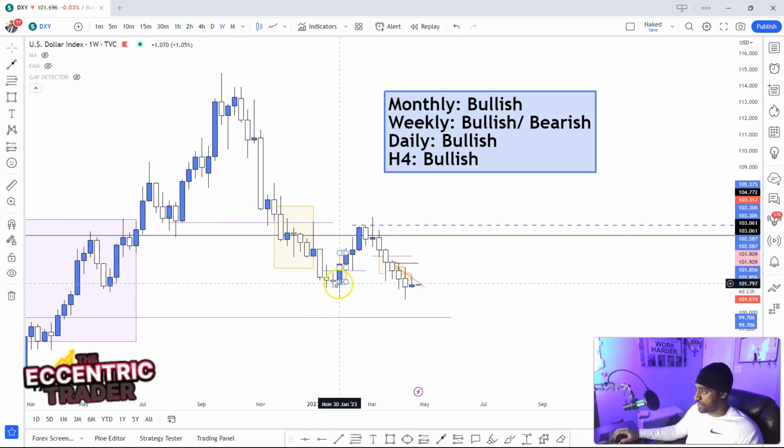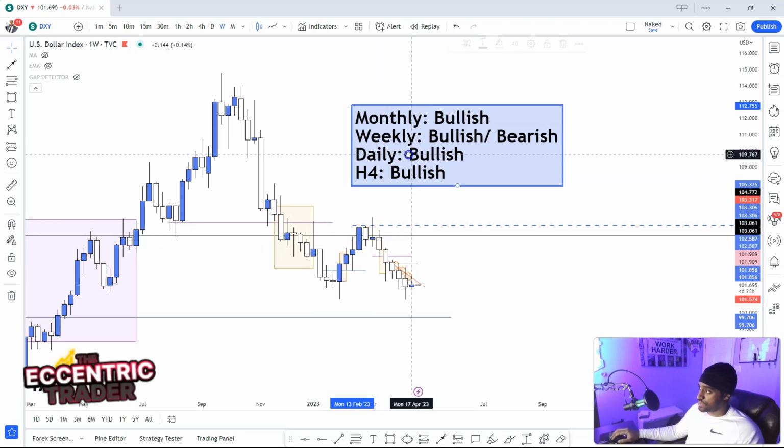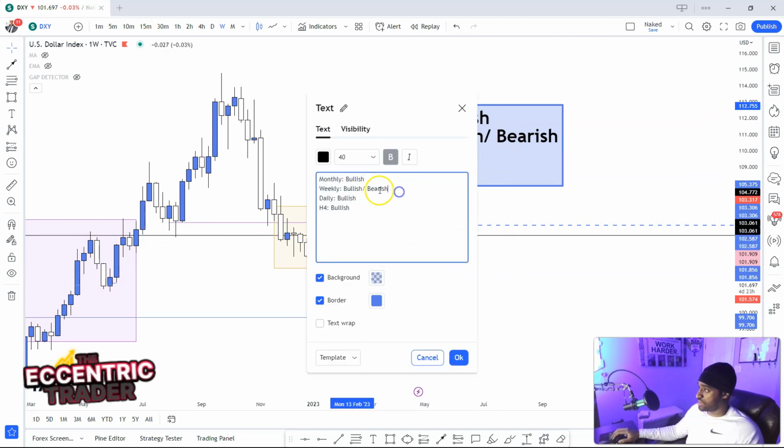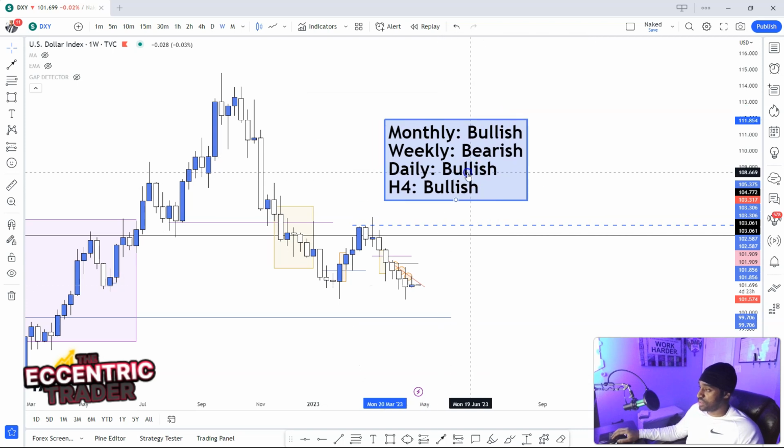Price came down, then came back up to test newfound resistance. Here's some type of supply or demand zone, but this is resistance, that's the ceiling. So for the weekly, let's put clean bearish, structurally, market structure wise.